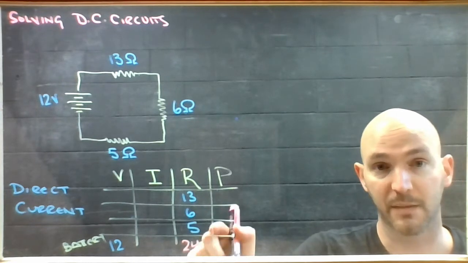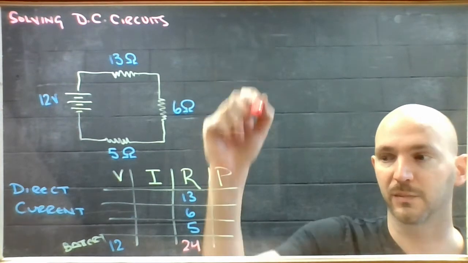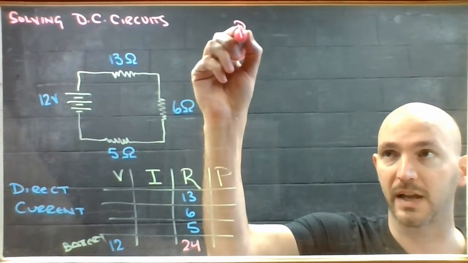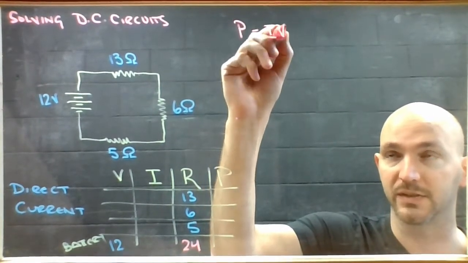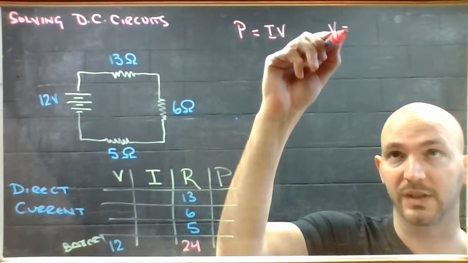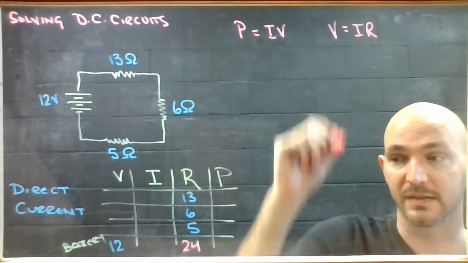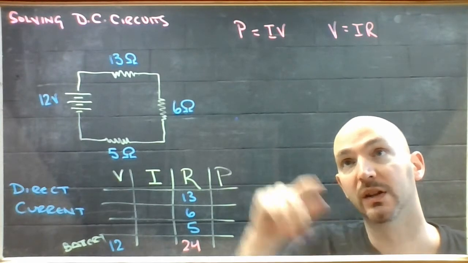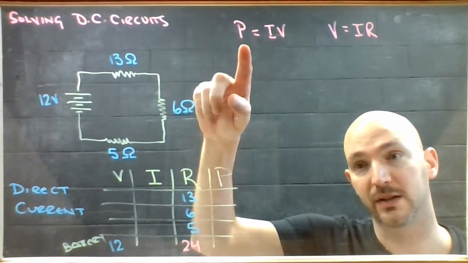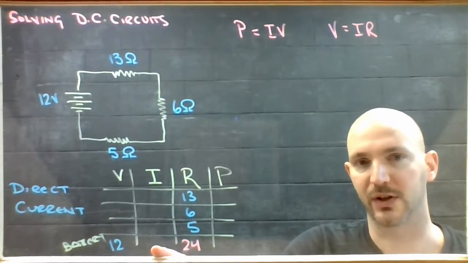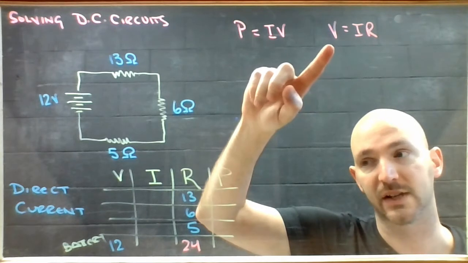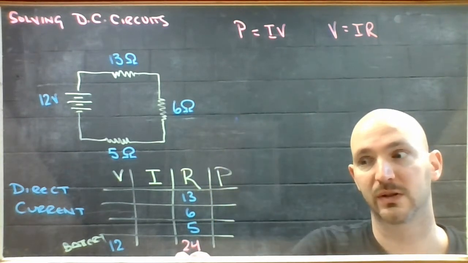So now that I have a number there, I'm going to see if there's anything else I can calculate. Well, the equations I'm using are power is current times voltage, and voltage is current times resistance. So if I knew the voltage and the current, I could calculate the power. But I don't have the current, so I can't do that. If I had the current and the resistance, I could calculate the voltage.